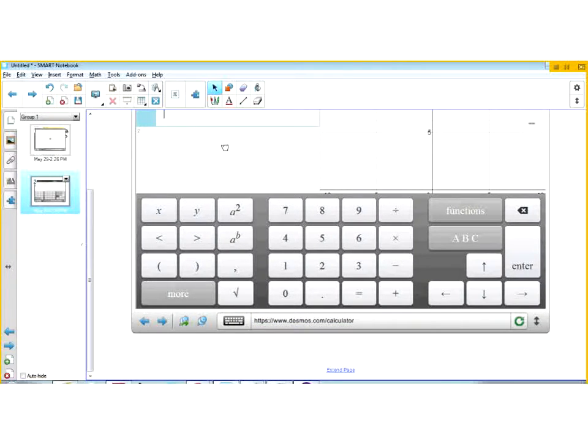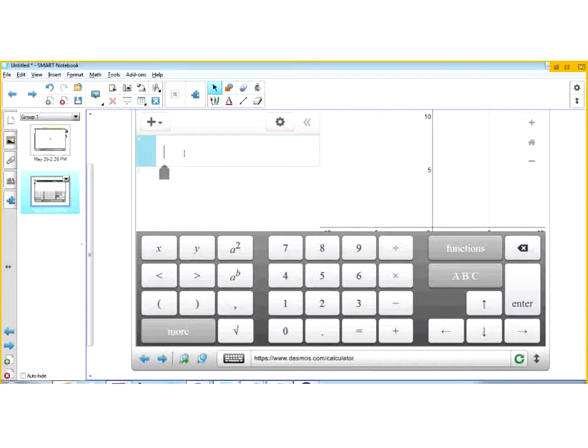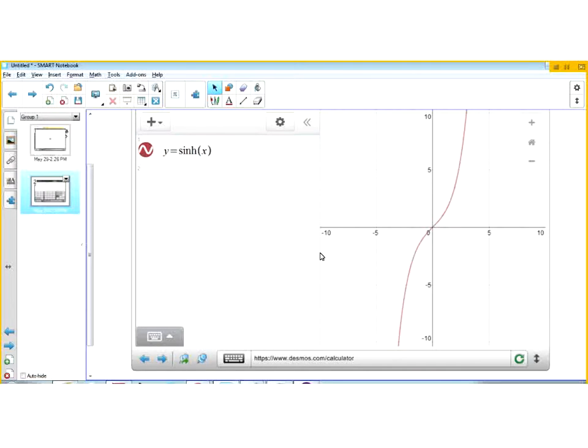So y is equal to sinh of x. Okay, and that's shown in red, right? So it looks almost like a tangent function in a way, but remember the definition.